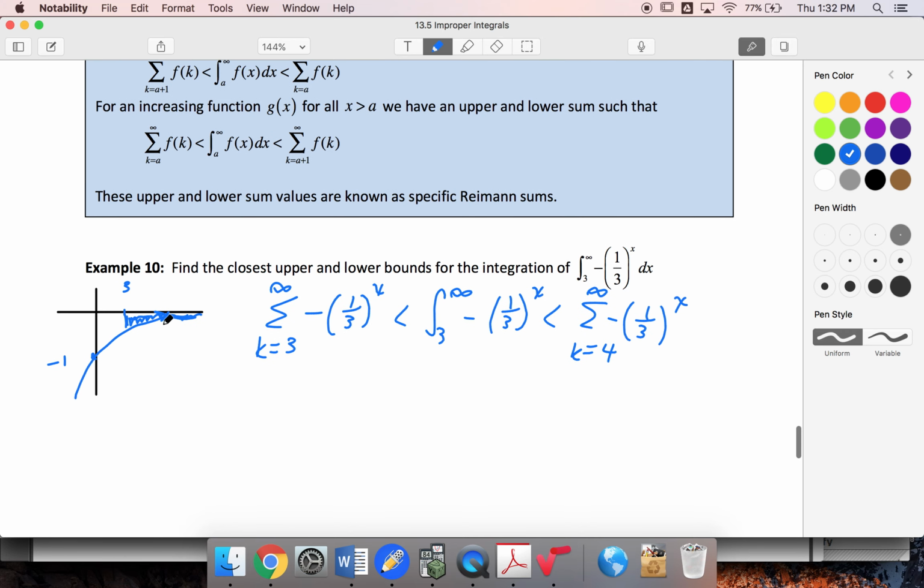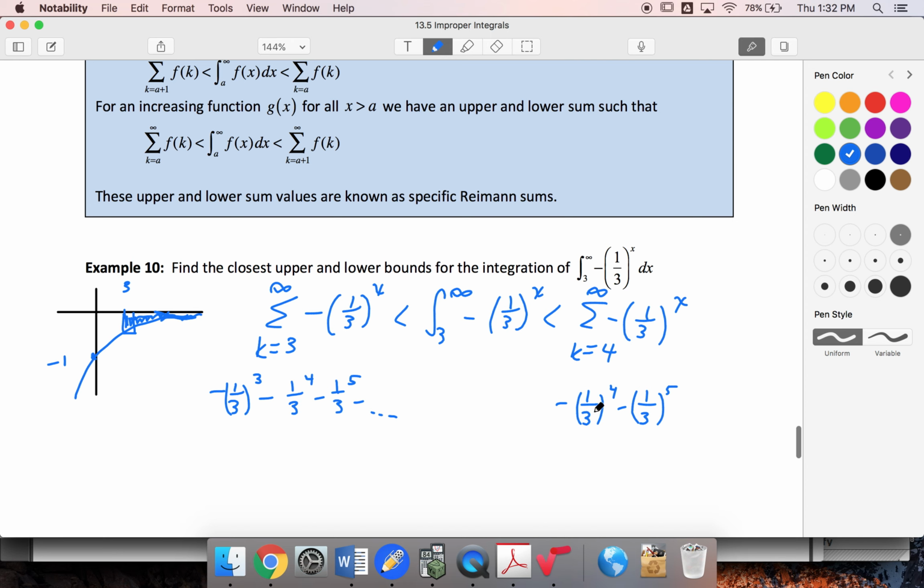Well, if I think about this, when I start at k equals 3 and take that rectangle, that first value is going to be -(1/3)^3, and then the negative of that. I'm going to subtract (1/3)^4, (1/3)^5, etc. Notice I don't even really need the parentheses because it's the power.